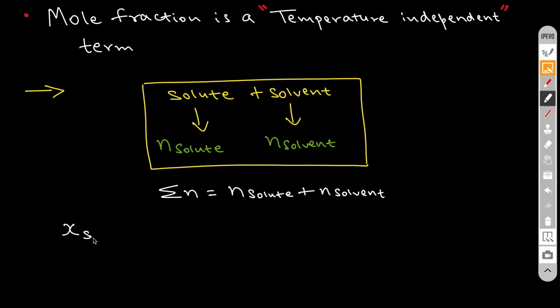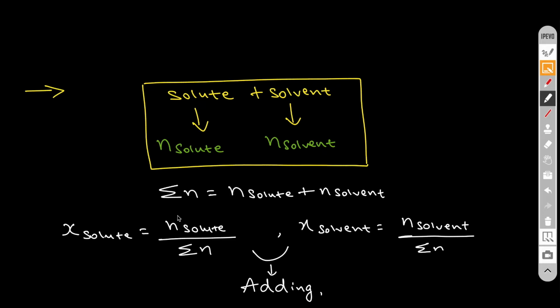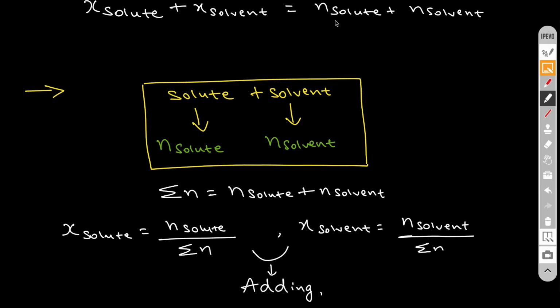Here, if we have to write mole fraction of solute, we'll write x solute is equal to n solute divided by sigma n. Similarly, for solvent, x solvent is equal to n solvent divided by sigma n. If we simply add x solute and x solvent, it will come out to be n solute plus n solvent divided by total moles, which is sigma n.